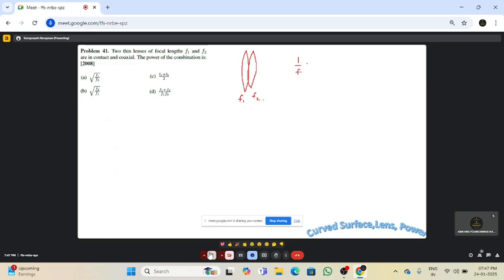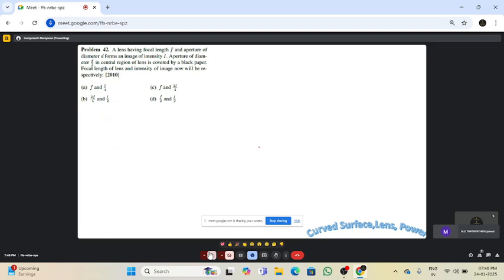We have studied 1/f = 1/f1 + 1/f2. They are asking you to find the power of the combination. So 1/f is the power. P = (f1 + f2)/(f1 f2) if I do the cross multiplication. Very simple, nothing very difficult there. You should have tried these easier ones.